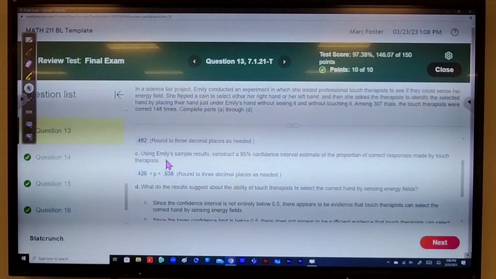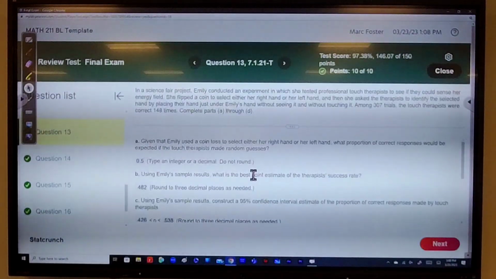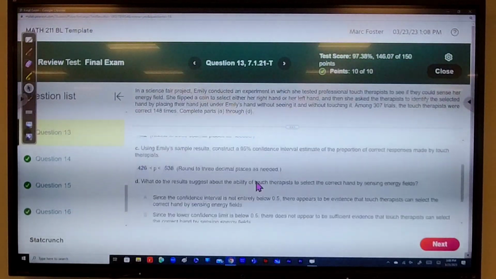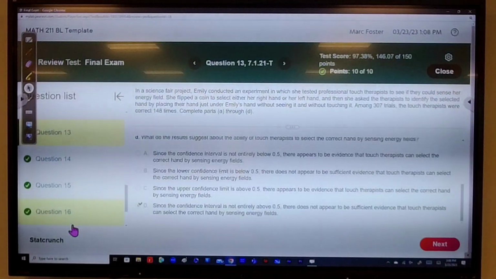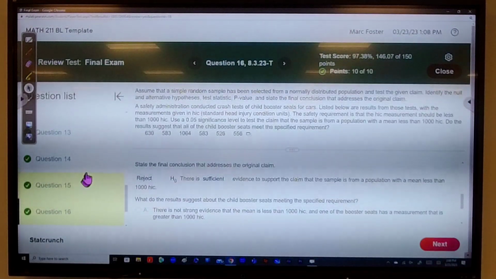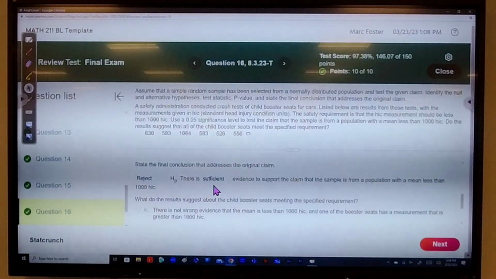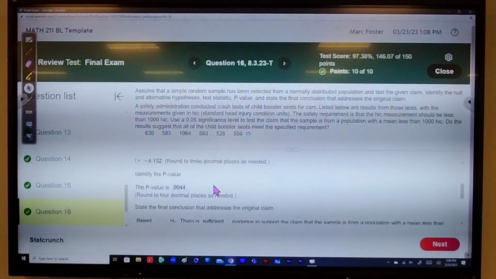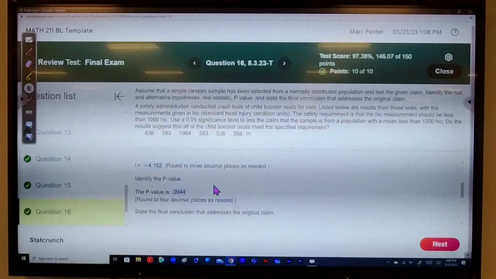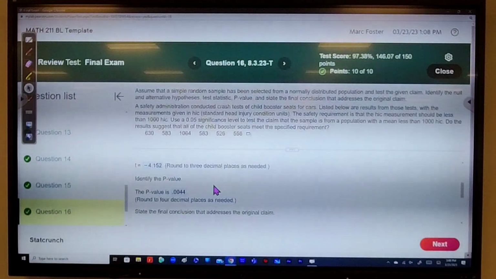Did you get the 13th connection? I went back to 16 because I had to fail to reject on 16, because my p-value was greater than alpha, so it's not significant.